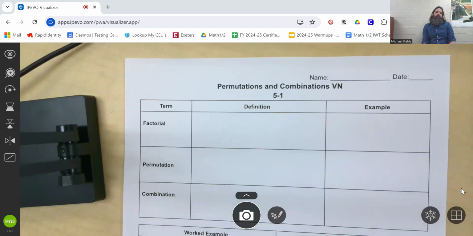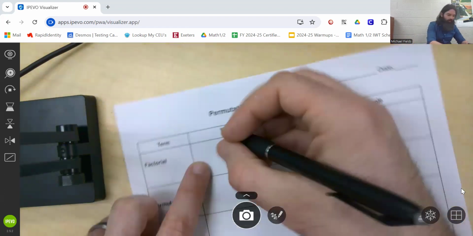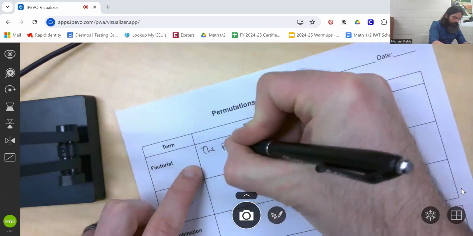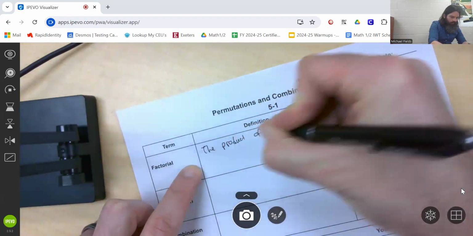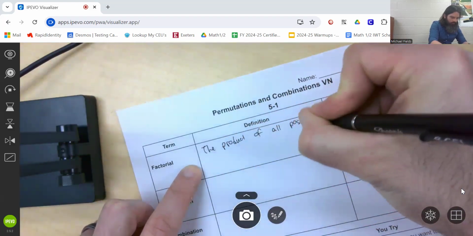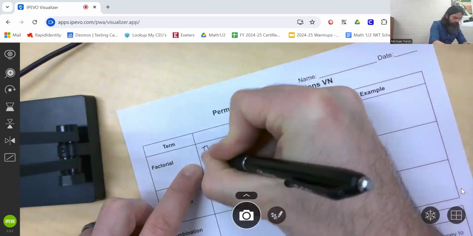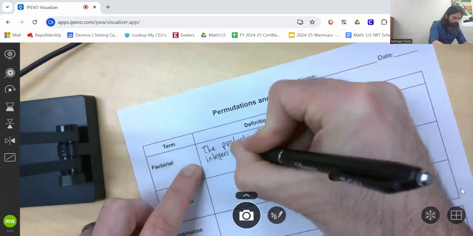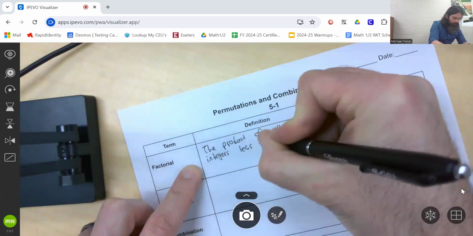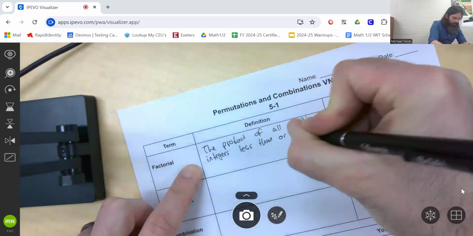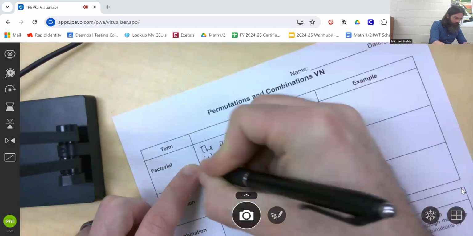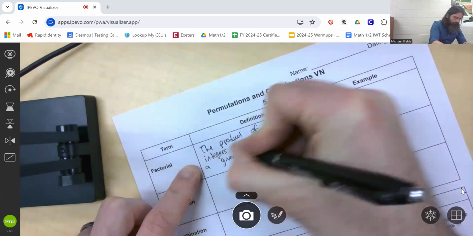All right. So the first thing we need to talk about before we learn about permutations and combinations is factorial, because both permutations and combinations use factorial. So a factorial is the product of all positive integers less than or equal to a given number.